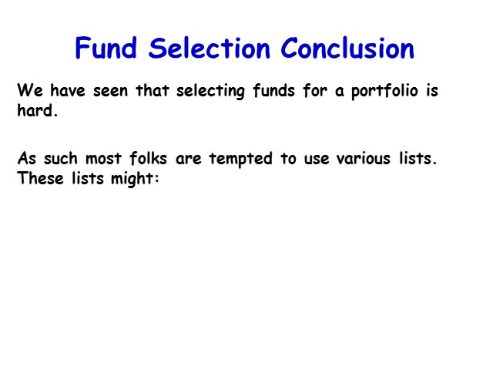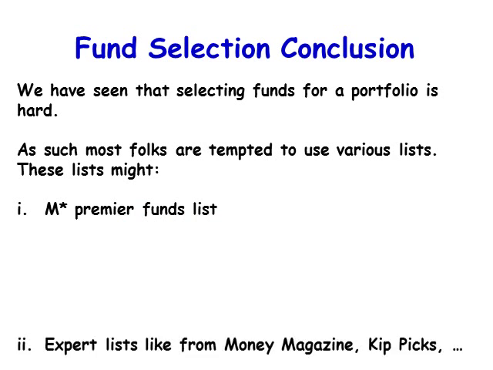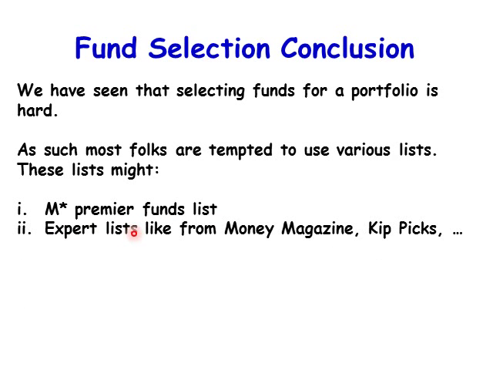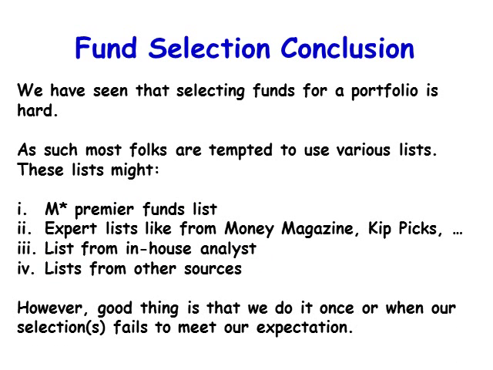Okay, let's continue. So as such, most folks are tempted to use various lists, and this list might be the Morningstar Premier Funds list, and experts lists like the Money Magazine list or Kiplinger picks, or a list from an in-house analyst, or lists from other sources.